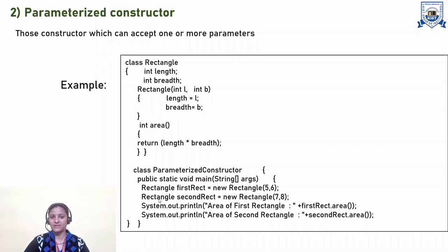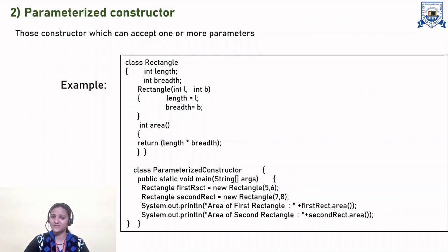Next, we made another object, and this time we passed 7 and 8. It will receive 7 and 8 and again assign them to length and breadth. Next, when we want to print the area of the first rectangle, with the help of the first rect object we call area.